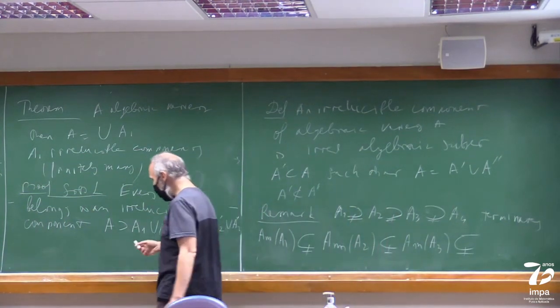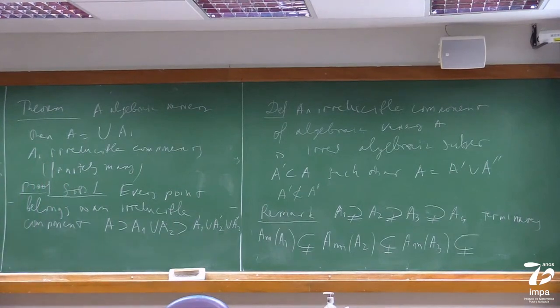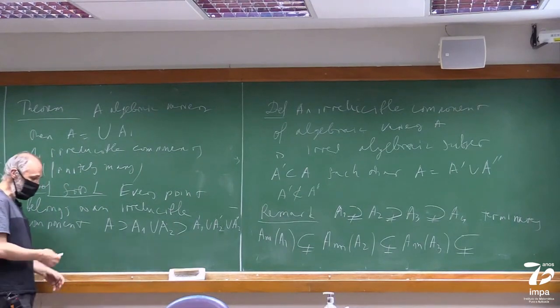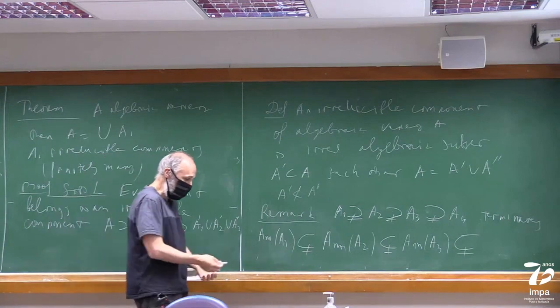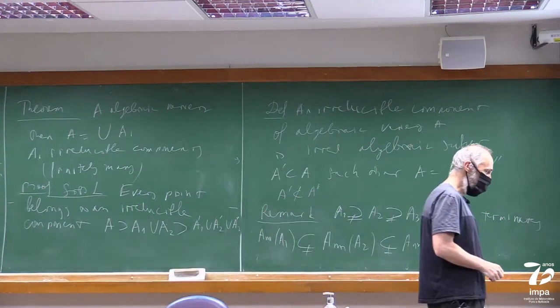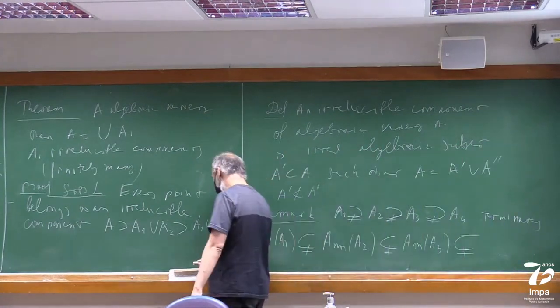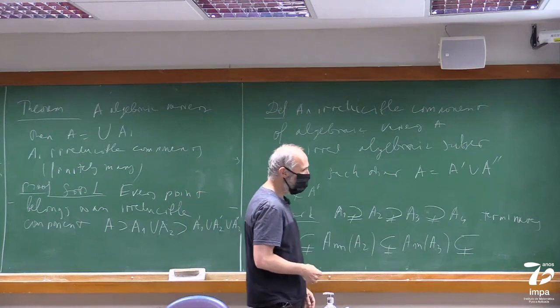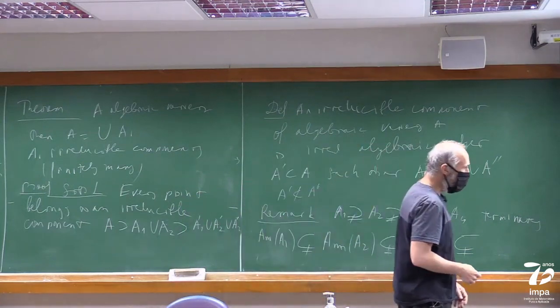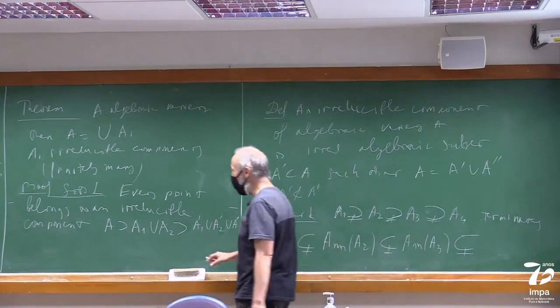So this splitting has to terminate, and this means that every point is contained in a subvariety which doesn't split further. Otherwise, you could split it and split it and obtain a descending chain, which is impossible. Okay, so we proved the existence of irreducible components.